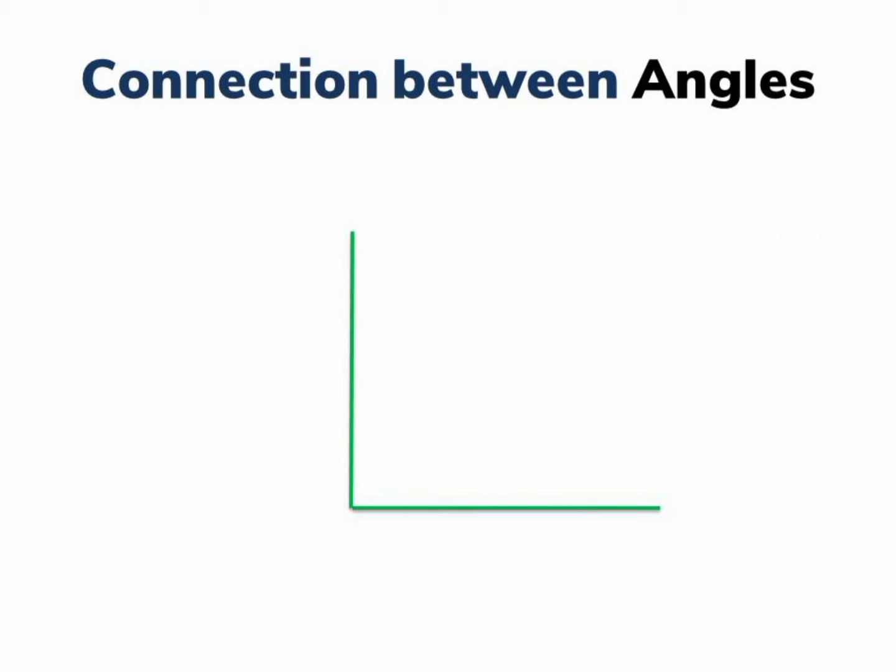Alright, then there are just a few more important geometry terms that we need to learn in this video. It's the connection between angles. Okay, let's look at this simple right angle that's made from two rays, but this time we draw a third ray that cuts the right angle into two smaller parts.